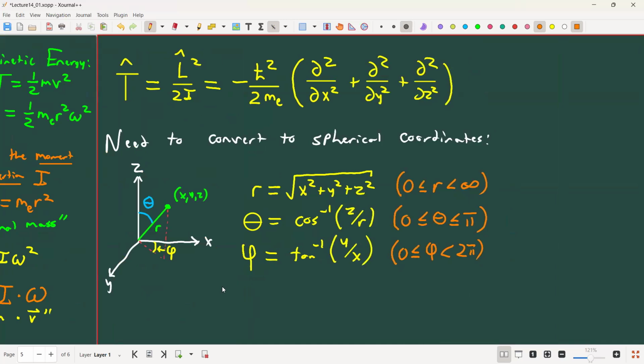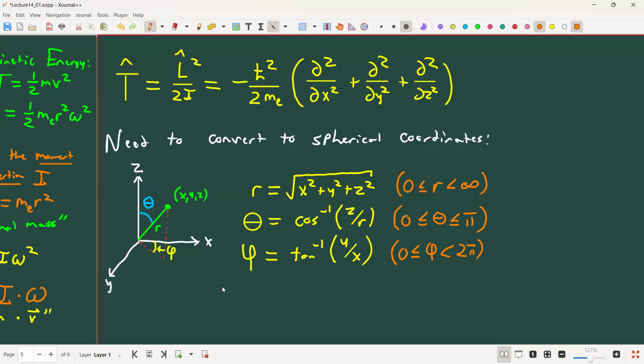Our goal next is to convert our kinetic energy operator, which is the thing that's going to give us our wave functions, into r, theta, and phi. What we're hoping for is that the r part is separate from the theta and phi part, that there's no intercommunication between them.